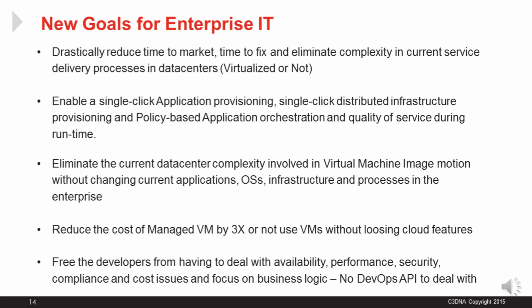We can also enable a single-click application provisioning, single-click distributed infrastructure provisioning, and policy-based application orchestration and quality of service during runtime. We can eliminate the current data center complexity involved in virtual machine image motion without changing current applications, operating systems, or the infrastructure and processes in the enterprise.